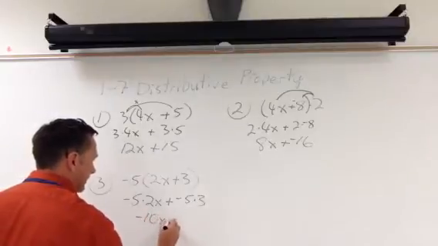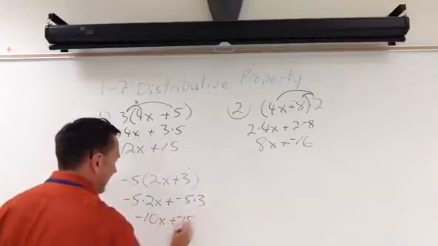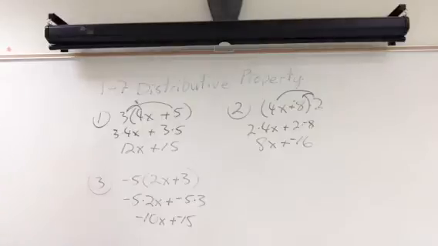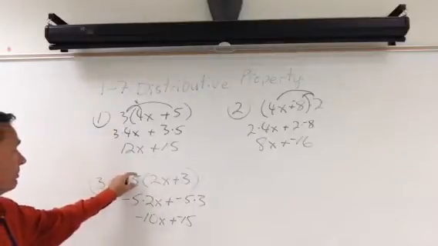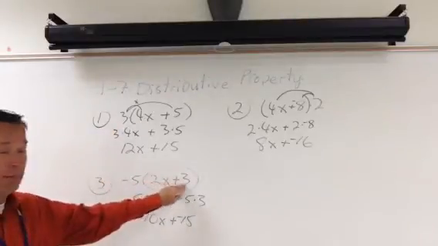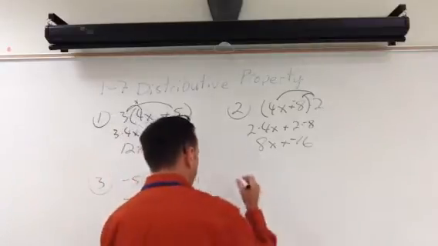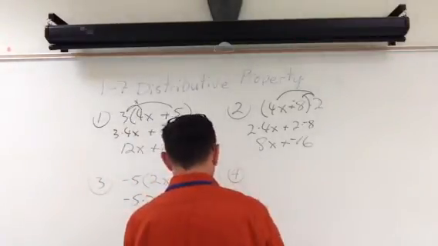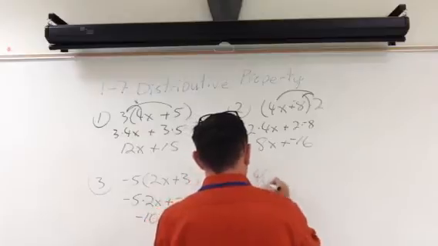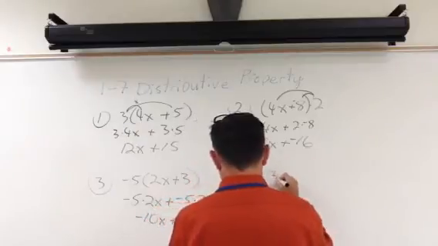We end up with negative 10x plus a negative 15. Many times, the biggest pitfall, the biggest mistake, is people distribute the number to the first term but forget about the second term or any other remaining terms. So don't forget, it goes throughout the parentheses.